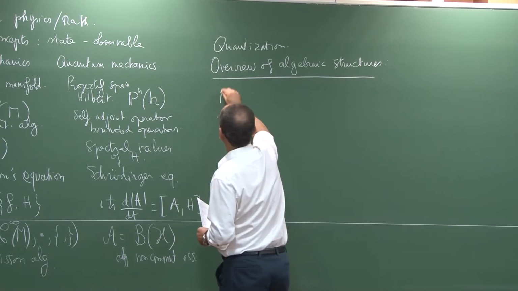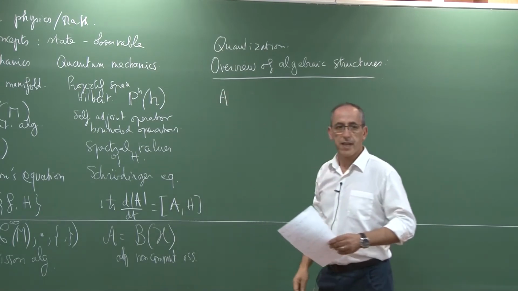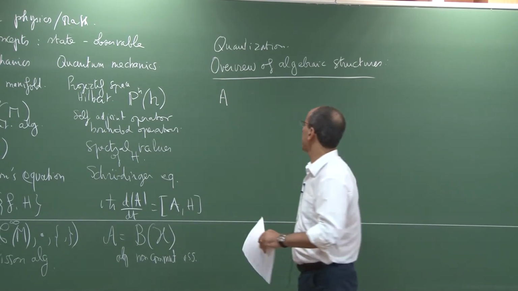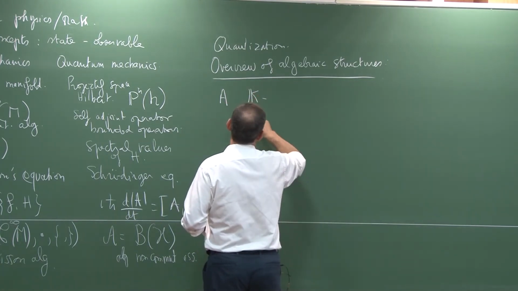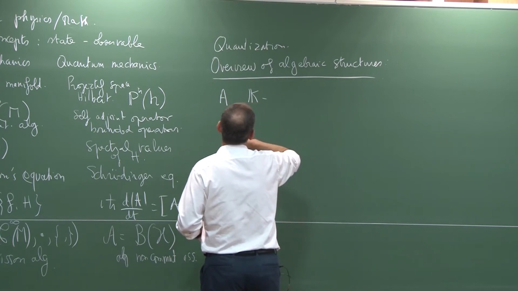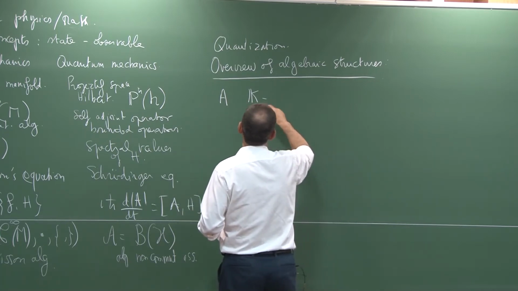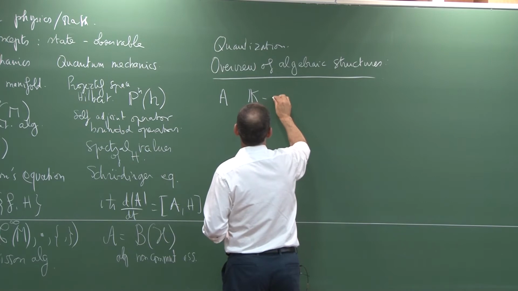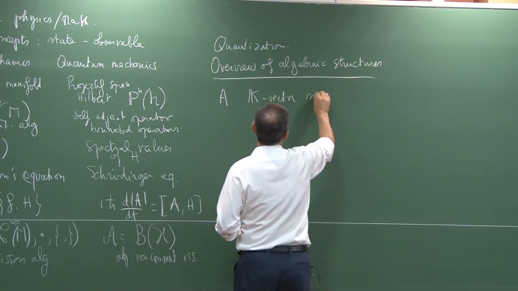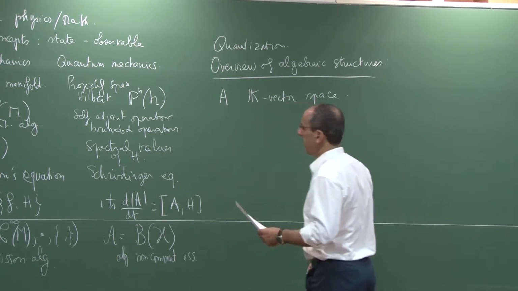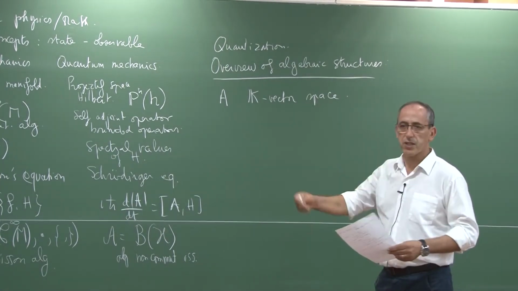What one needs, first, is a K-vector space. If we don't want to work with modules, then here K is a field, or if you want, an algebraically closed field. And we need a multiplication.